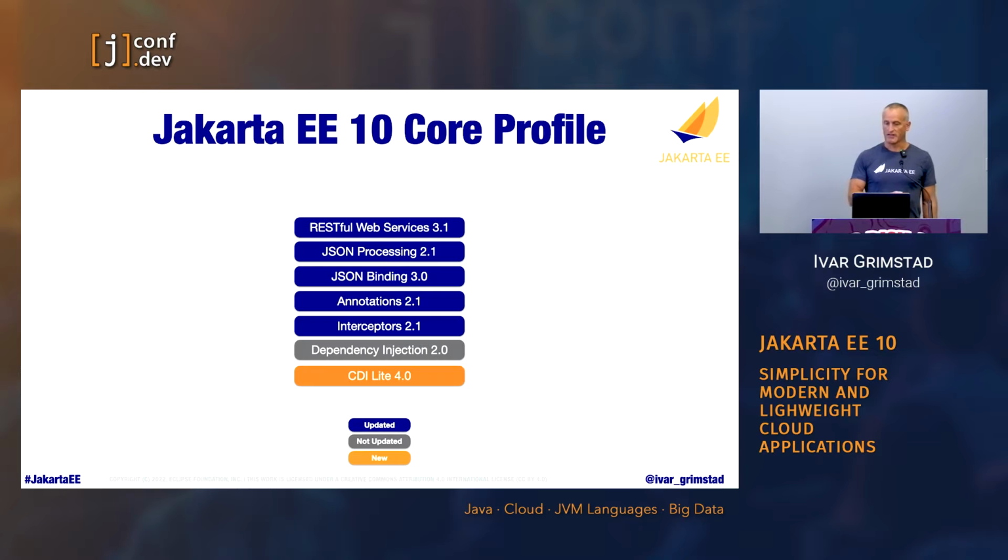That's the brand new Jakarta EE 10 Core Profile. The platform and the web profile have been with us, the web profile since Java EE 6, so for a long time. The Core Profile is new in Jakarta EE 10, and these are the specifications you would use to create a microservice.